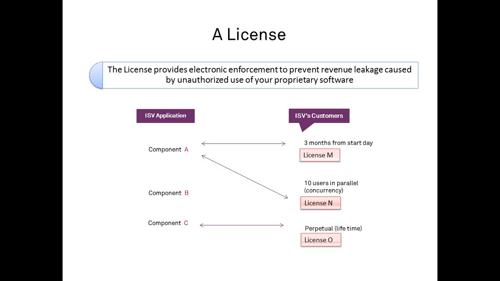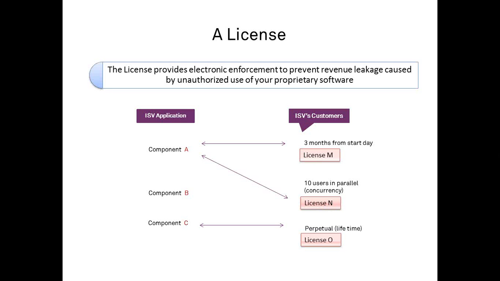For instance, this license M is going to work for 3 months, starting from the first day that it is working. And we have license N. That license N provides another way of licensing.